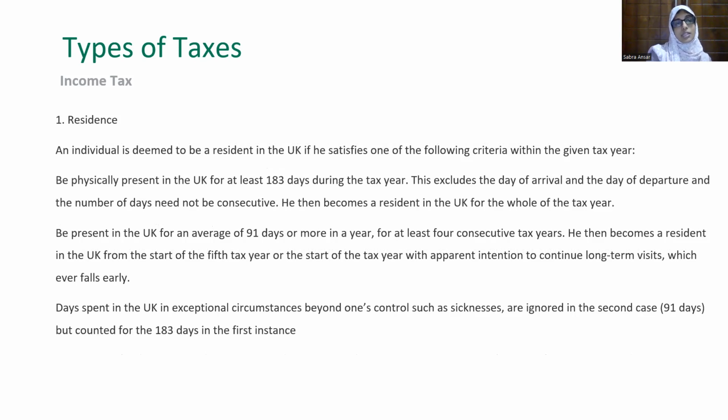So basically, a resident is a person who has been in the UK within a tax year, where the person is physically present for at least 183 days during the tax year, or a person who is there for an average of 91 days or more in a year, for at least four consecutive years.